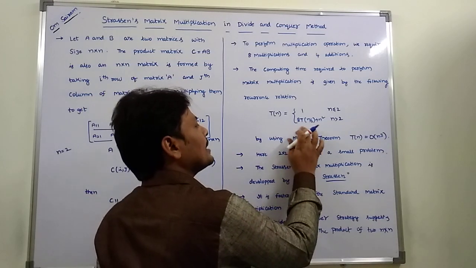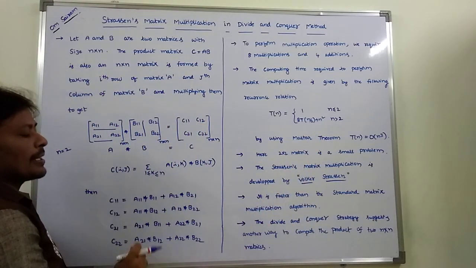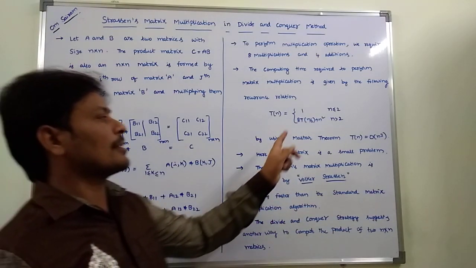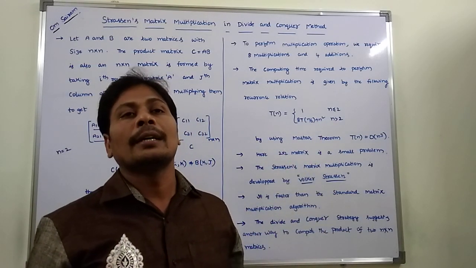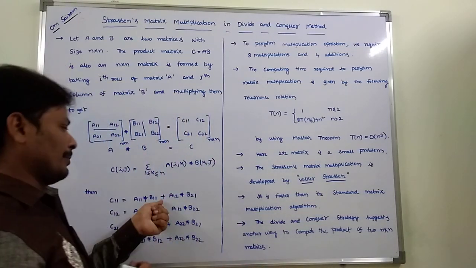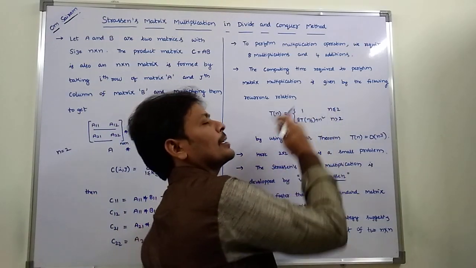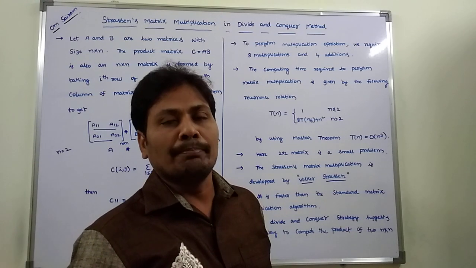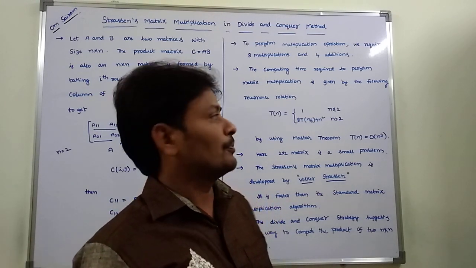Here 8 represents the number of multiplications: 2, 2, 2, 2, that is 8 multiplications. Plus n square is the time taken to perform the additions. So this is the recurrence relation that can be used to perform matrix multiplication between two matrices with size n by n.